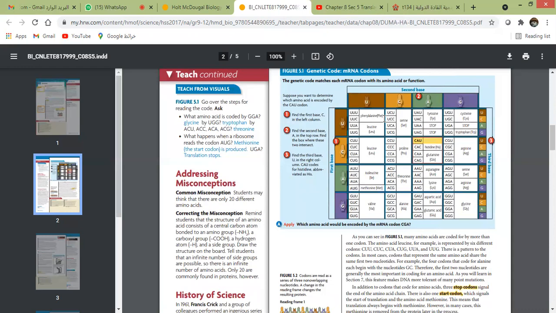يعني إذا الريبوسوم finds this UUU or UUC, uracil uracil uracil or uracil uracil cytosine, يعني هذا معناته coding تخلي transfer RNA بدنا phenylalanine, bring phenylalanine for us from the cytoplasm. Okay.